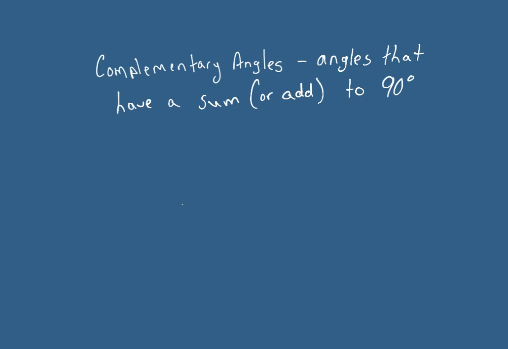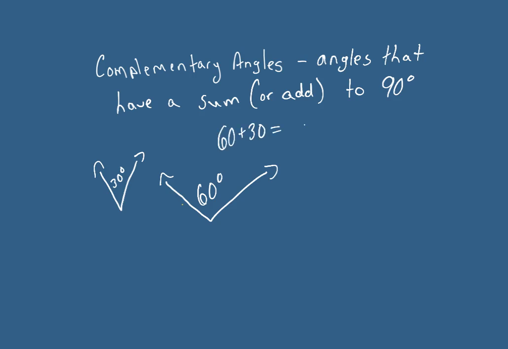So for example, you might have an angle that is, let's say, 30 degrees, and you might have another angle that is, let's say, 60 degrees. And when you add those two together, you get 90. And so you would say that these two angles are complementary.